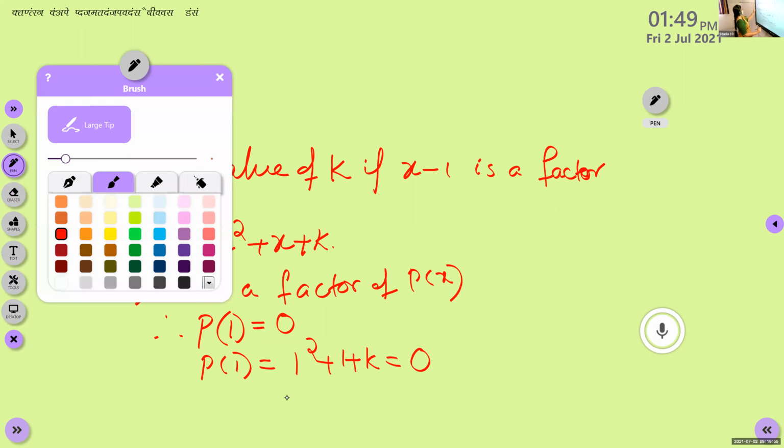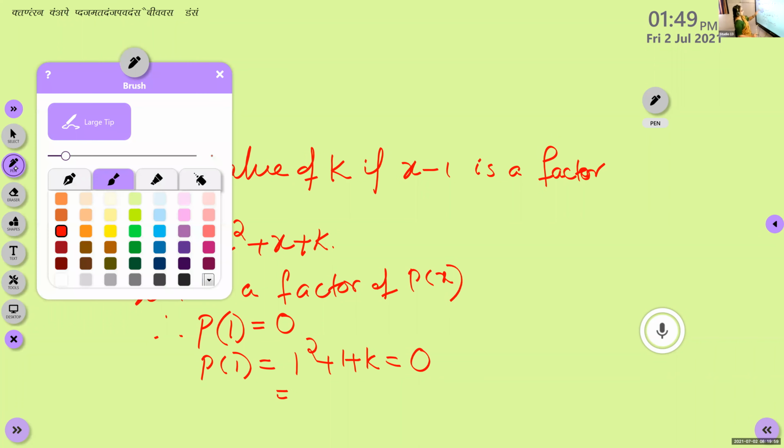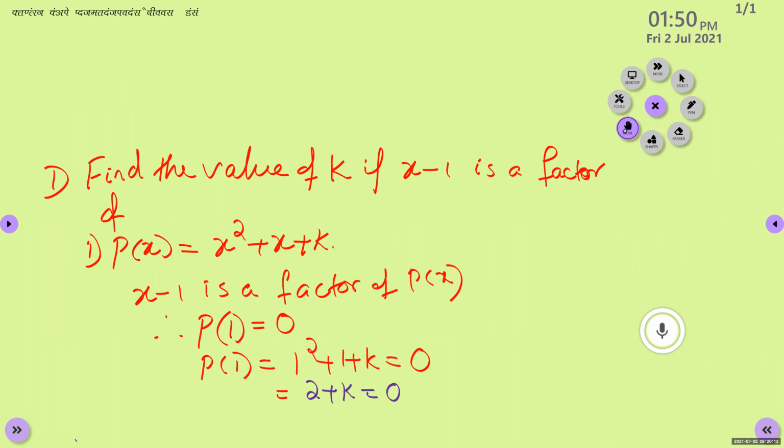That is 2 plus k equal to 0. Value of k? K is minus 2.